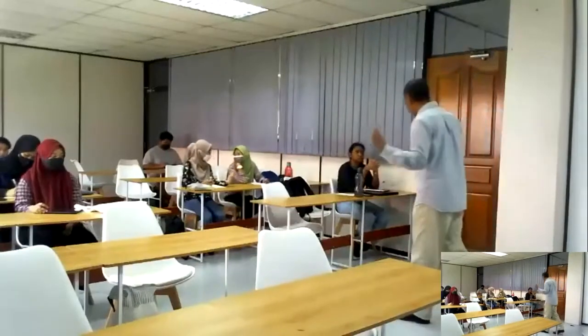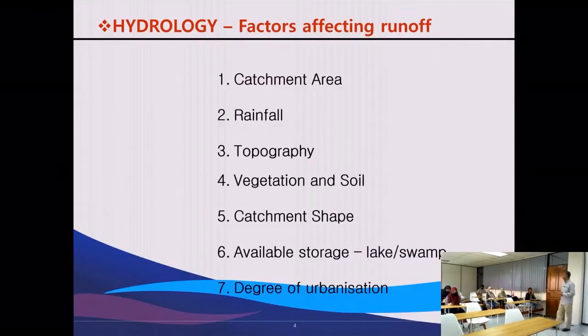So this is how water goes away from its point of contact with the earth, right? So the factors that affect the amount of water that goes away from the first contact is, one is the catchment area, right?